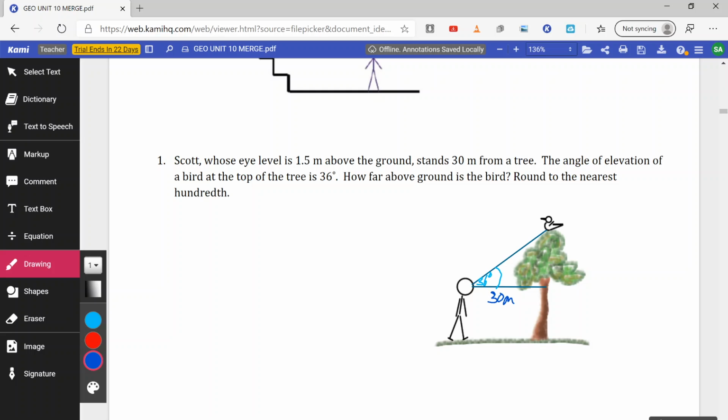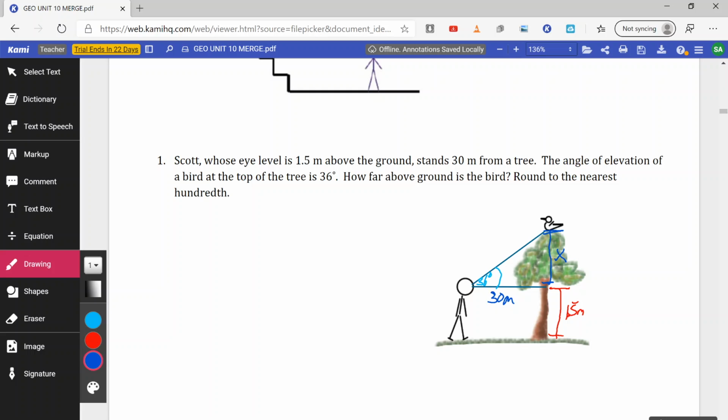So there's our distance from the person to the tree. The other piece of information we are told is the height from the ground to the line of sight is 1.5 meters. So the only thing we really have to figure out here is how far the bird is from the line of sight. So that section is our unknown x.